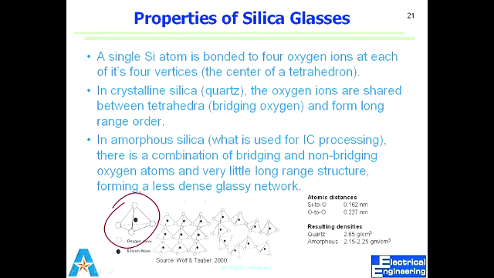So, how many types of oxygens are there? Bridging and non-bridging. So, if I have many more bridging oxygen species, is my oxide better or worse? The oxide is more crystalline then. It's much more dense.